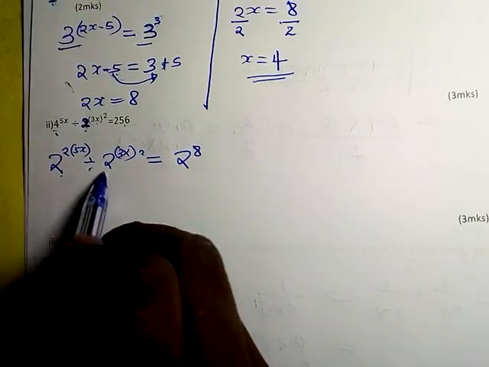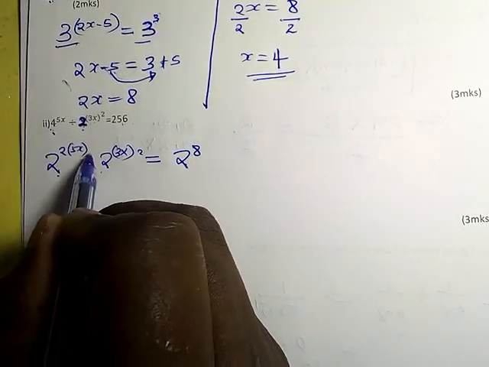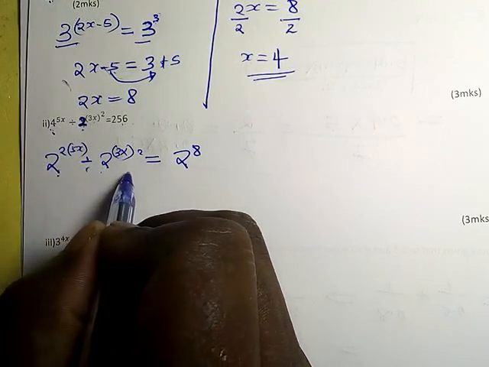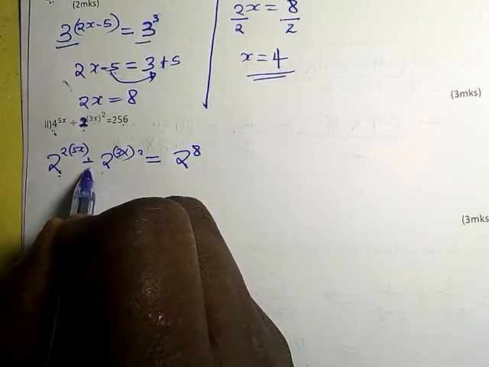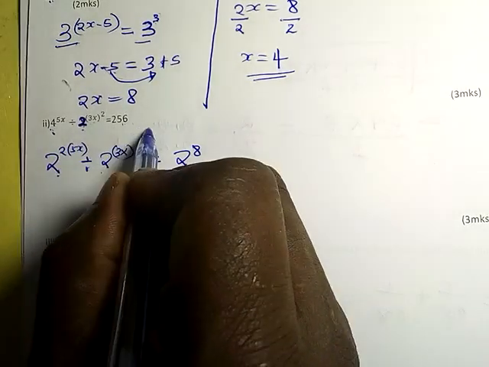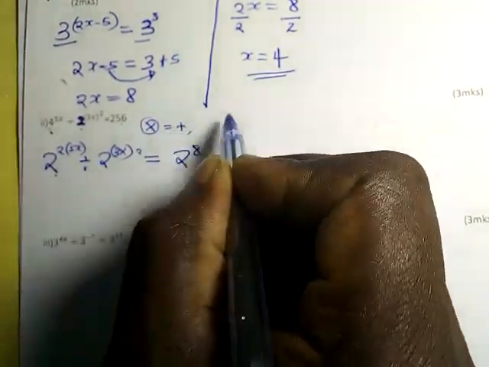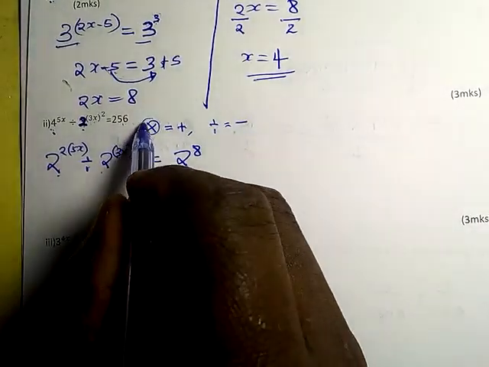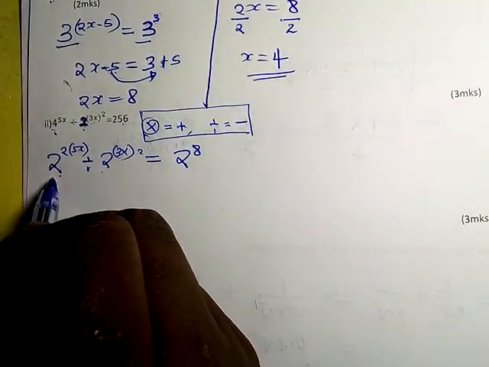So now we have the bases the same. In indices, when we have division, you should know that it means subtraction. When we have multiplication, it means addition. I guess you know that. In indices, multiplication is addition, division is subtraction. So now the bases are the same.